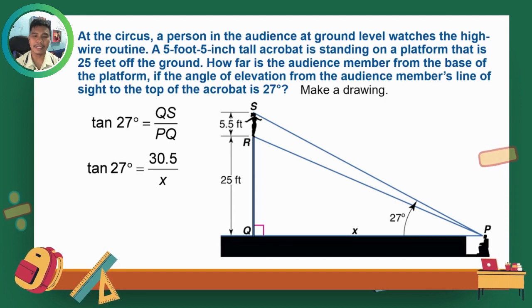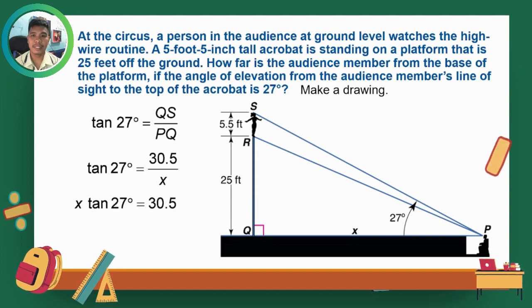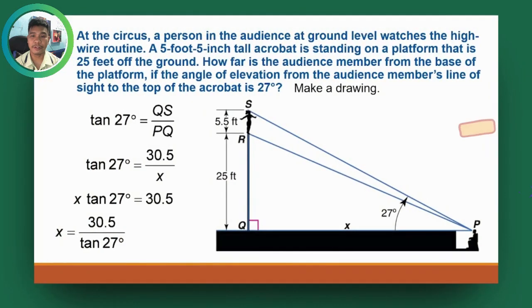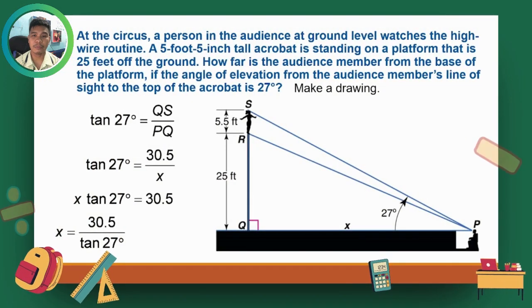To solve that, that is equal to the cross product of X and tangent 27 degrees. X tangent 27 degrees equal to 30.5. To isolate X, since we are looking for the value of X, we divide both sides by tangent 27 degrees.